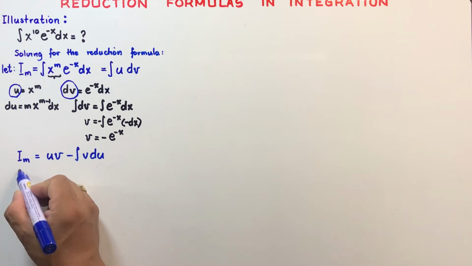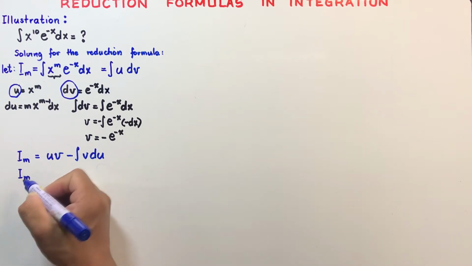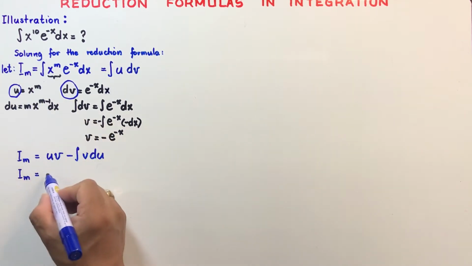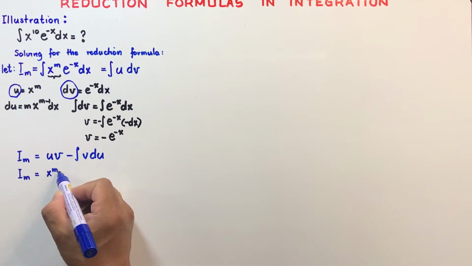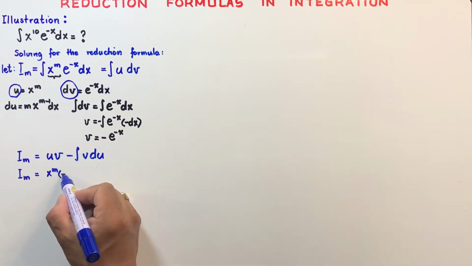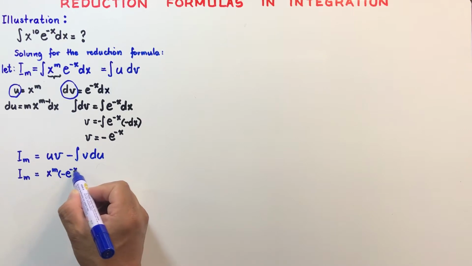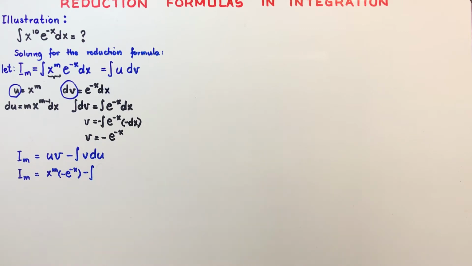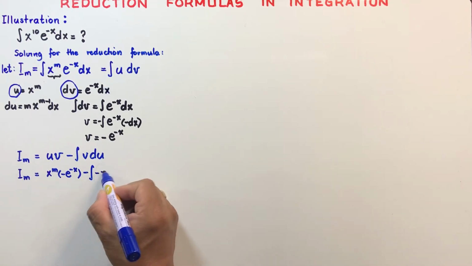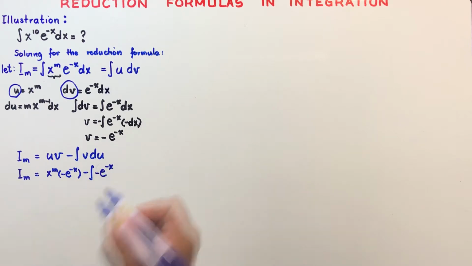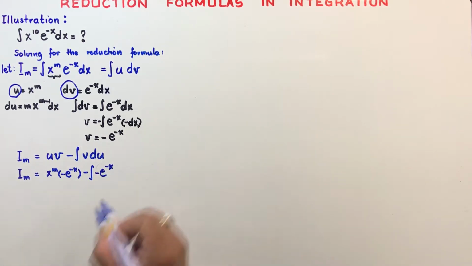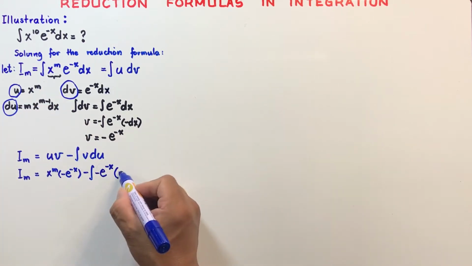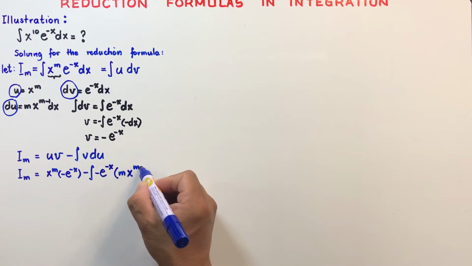So substituting our representations above, our u, which is x to the power m, will be multiplied to our v, which is this one, negative e to the negative x. And this will be subtracted by the integral of v, which is the negative of e to the power negative x. And then this will be multiplied by our du, which is this one here, the m times x to the power m minus 1 dx.